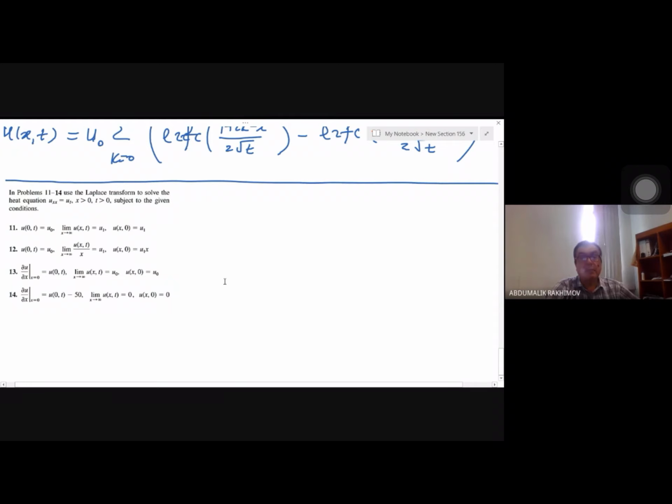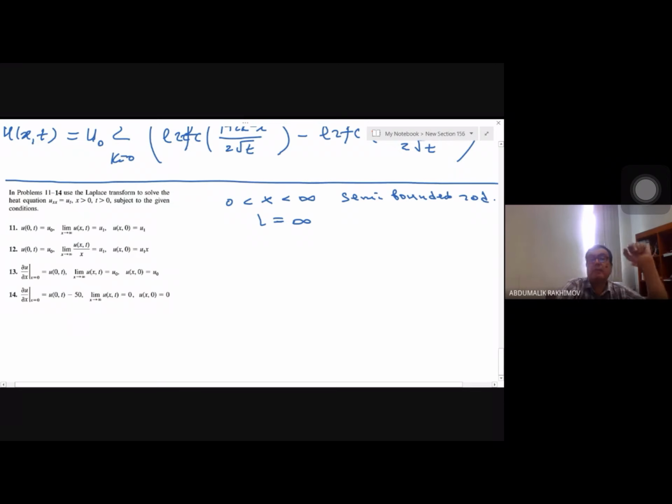Okay, if you look at this, you can see x is more than 0. What does it mean, x more than 0? It's from 0 to infinity. So we are talking about a semi-bounded rod. And of course, L is equal to infinity, and you cannot find eigenvalues and eigenfunctions.